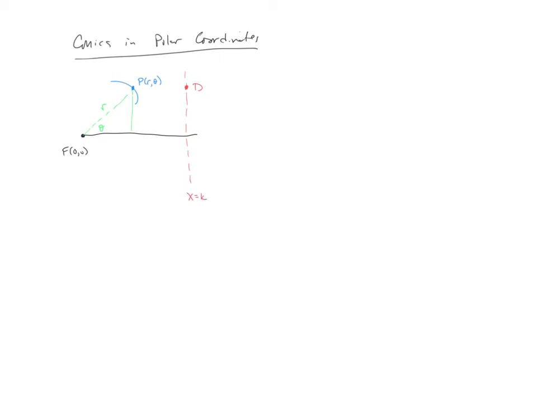We can also note that the distance from here to here is r cosine theta. Using your trig functions, you can solve for the missing part that we need, which is r cosine theta. I'll also mention that the distance from here to here we're going to define as k.